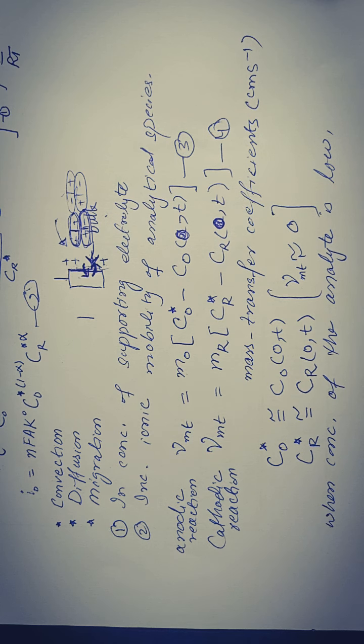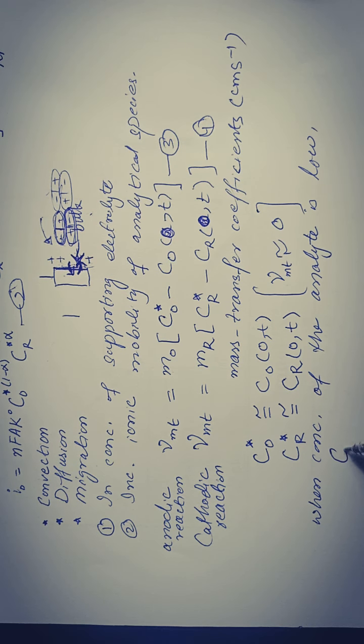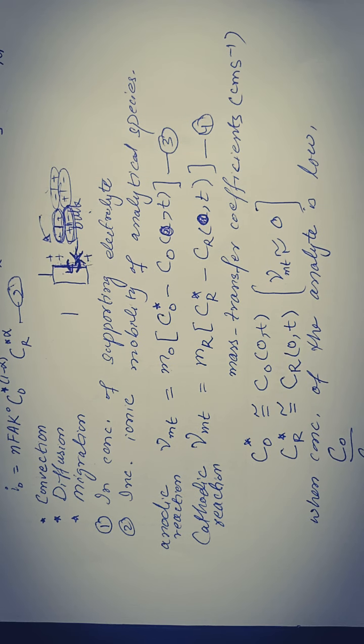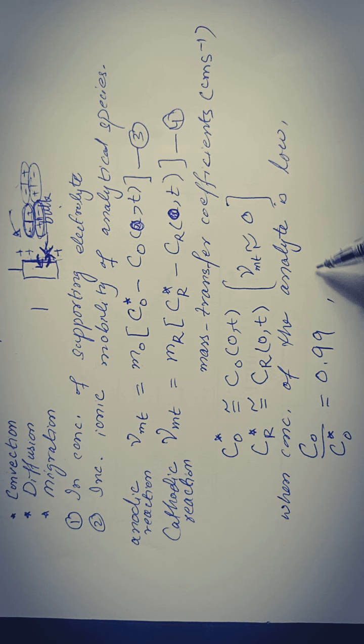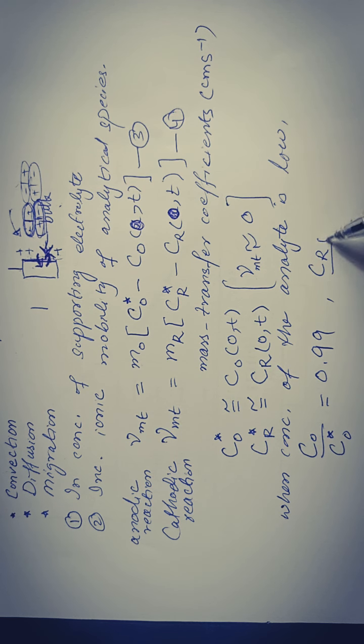So for this case, the ratio of the oxidized species is less than or equal to 0.99, and the ratio of the reduced form of the analyte at the surface of the electrode over the bulk is almost equal to.